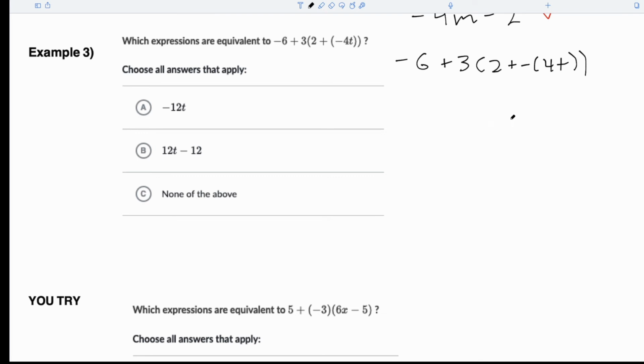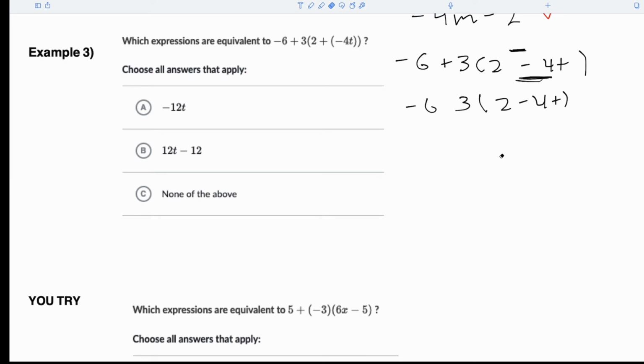There's a lot of parentheses, and I need to sort this out first with this part right here. If there's a plus and a minus, what does this turn into, Kevin? It's a minus sign. So we're going to rewrite it like a minus. That gets rid of these sets of parentheses since we can erase the plus sign.